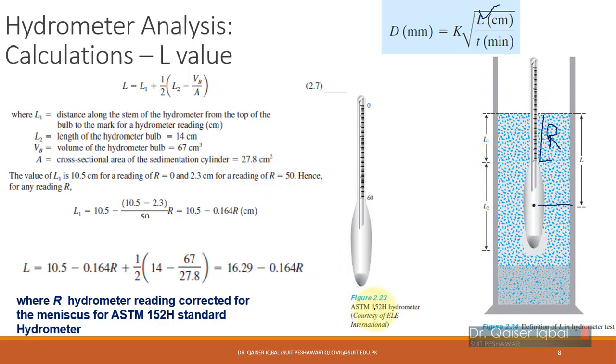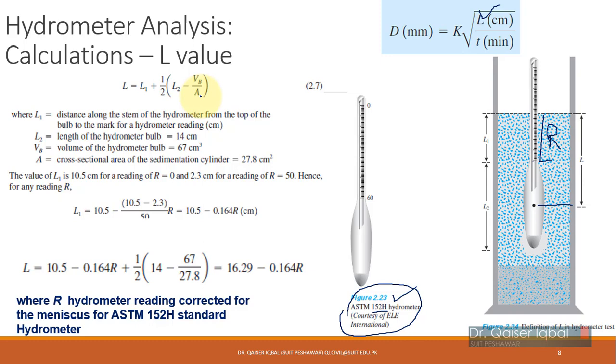For this purpose, in our lab, we will be using the ASTM standard 152H hydrometer, which has a fixed volume of the bulb, and the length of the bulb is known. That's why we use it, because it helps in determining the value of L. Now the value of L is equal to L1 plus half of L2 minus VB divided by A.